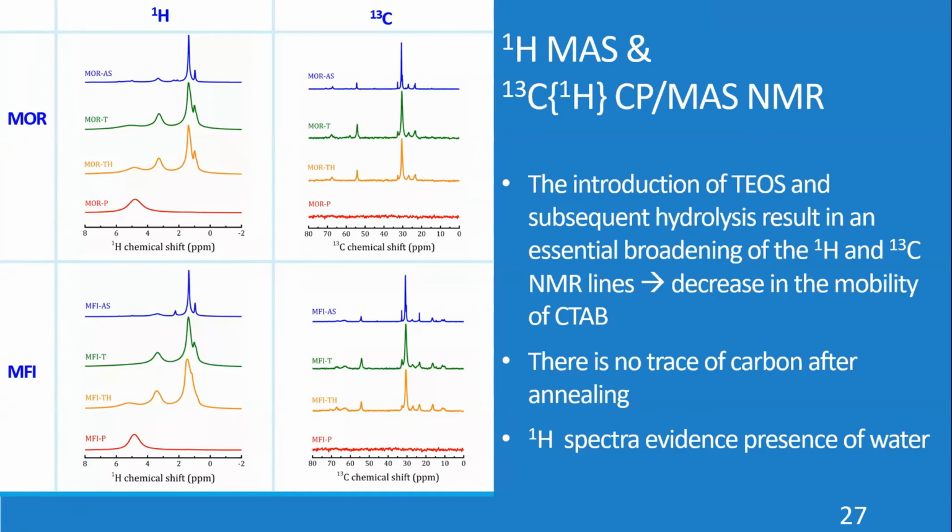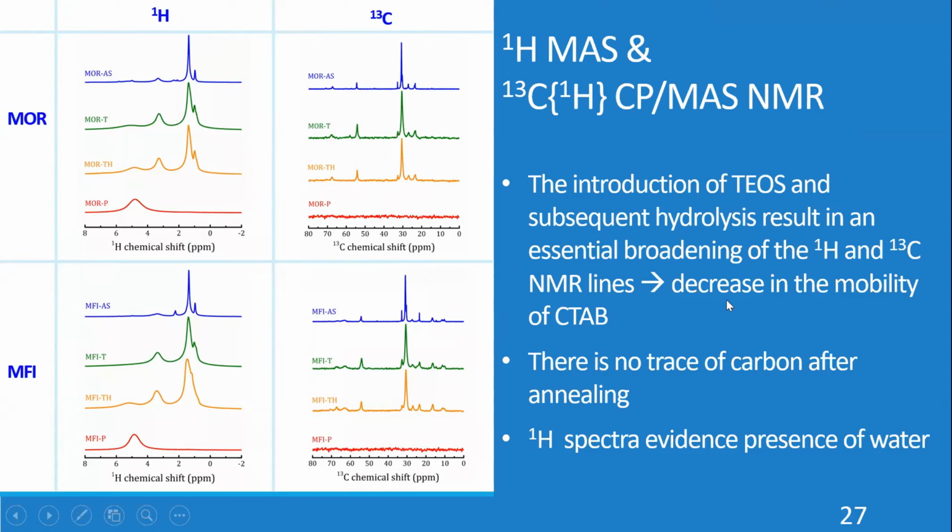Now, what happens if we introduce TEOS, with further hydrolysis, with formation of SiO2 and further calcination? We can see that these steps result in essential broadening of the individual lines.